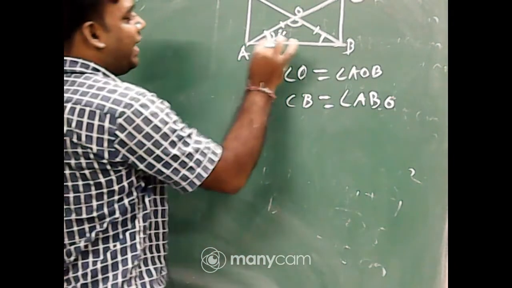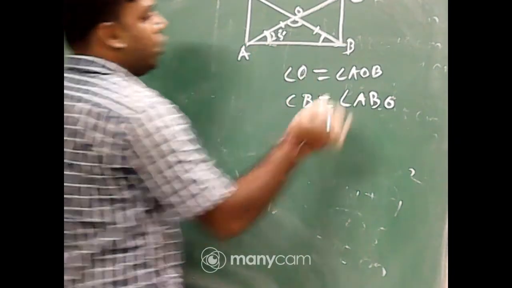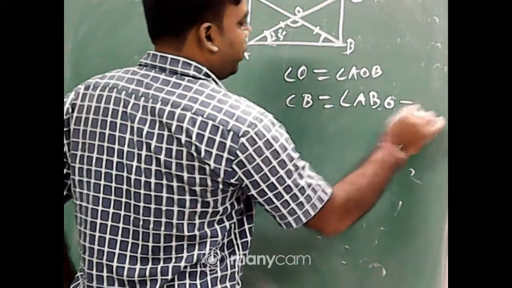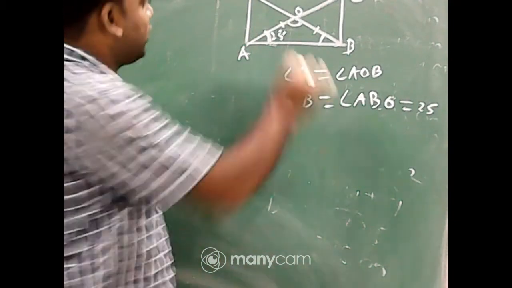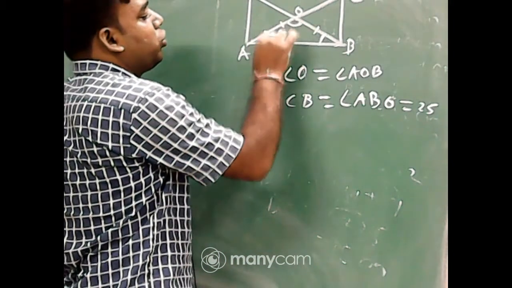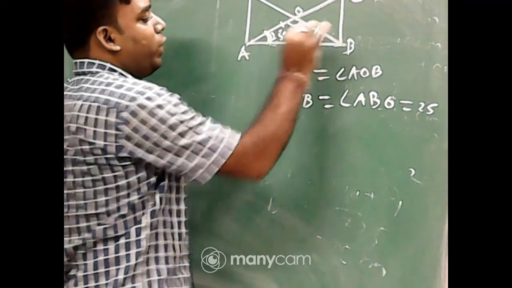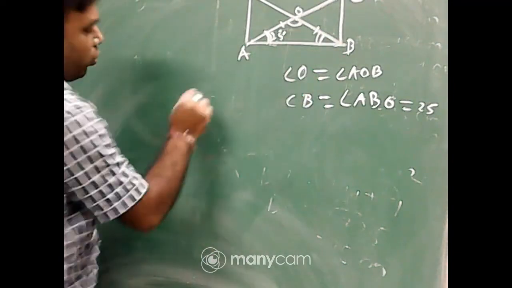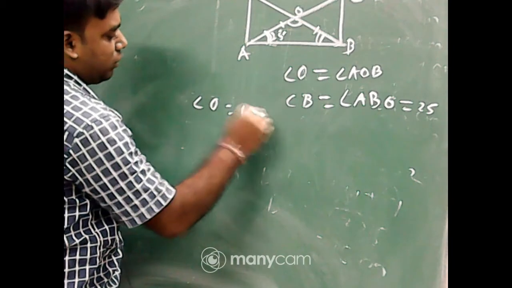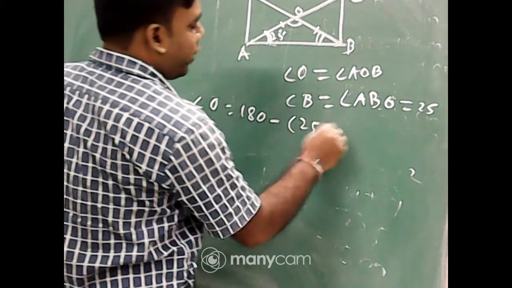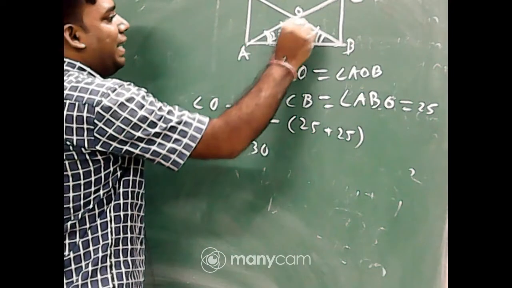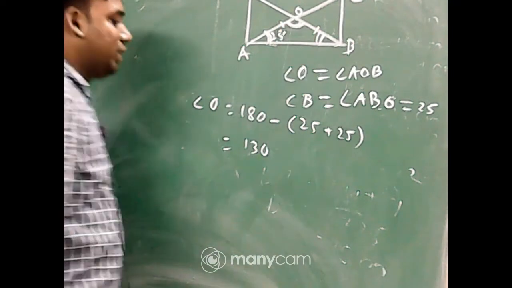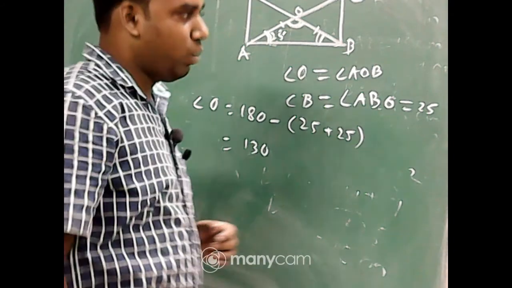As angle A is 25 degree, B will also be 25 degree because it is an isosceles triangle. So these two angles are equal, 25 and 25. What will be the value of O? 180 minus 25 plus 25, that is 130. That angle is 130 degree.